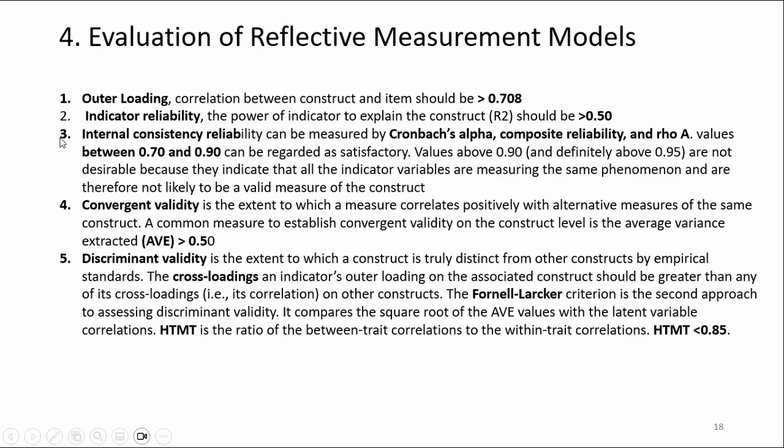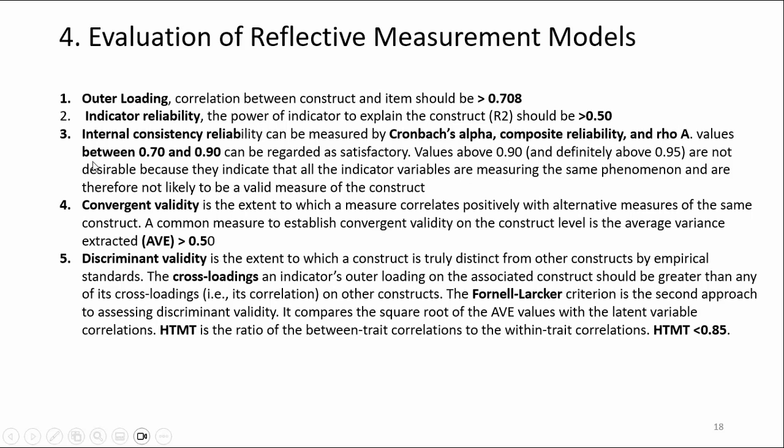And then the internal consistency reliability. This can be measured by Cronbach's alpha, composite reliability, and rho_A, in which Cronbach's alpha is conservative, the composite reliability is too liberal, and the moderate one is rho_A.